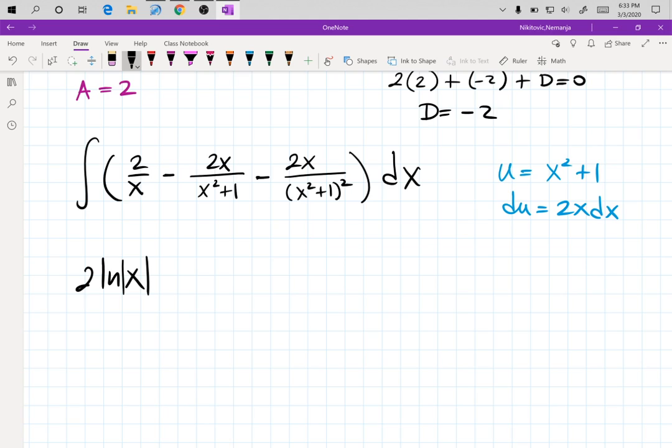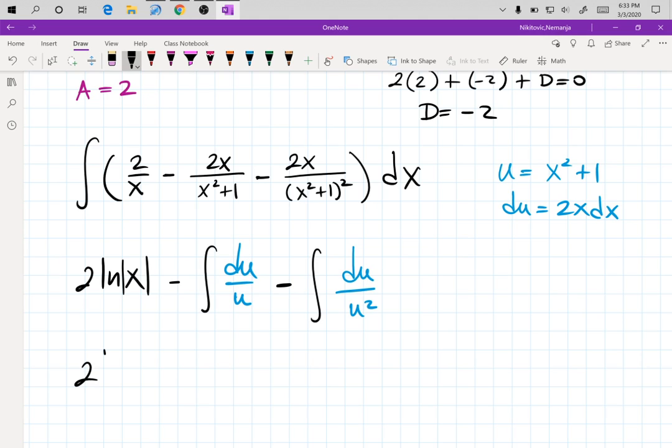All right, that's the first one. And now we have minus the integral of, and this becomes just du over u, minus another integral of du over u squared. And I put the blue ones because we did the u sub for those two.